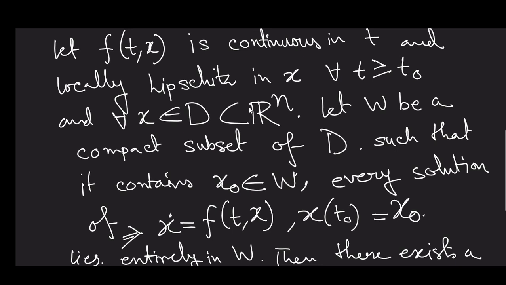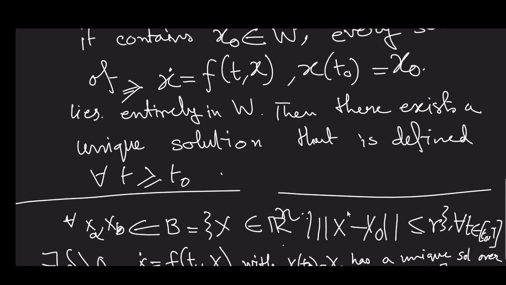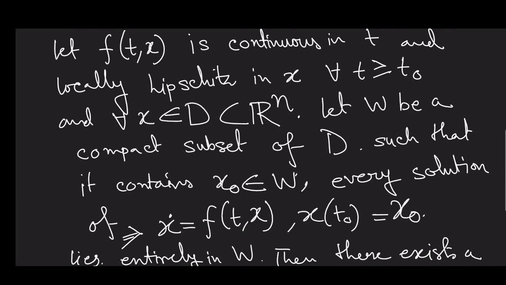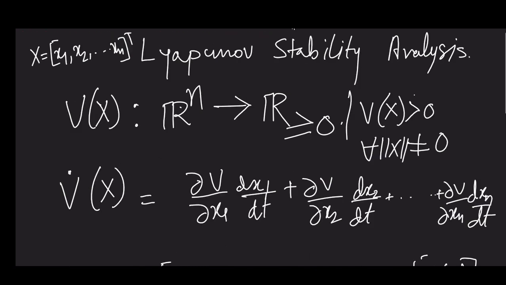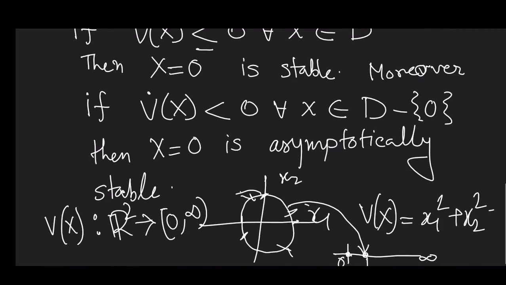That is our very own omega beta, such that x naught belongs to W. If every solution of x dot equals f(t, x) lies entirely in W, then there exists a unique solution that is defined for all t. Now we will exploit this theorem to figure out how the trajectory is going to stay in our omega beta.